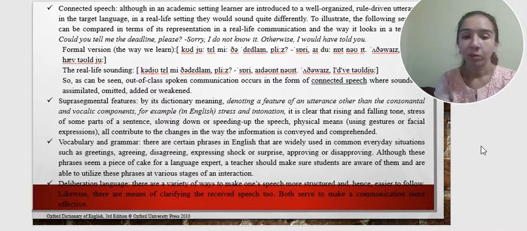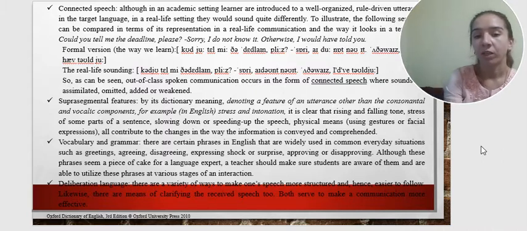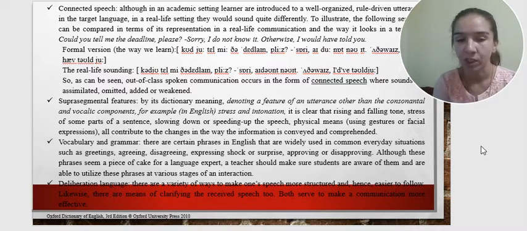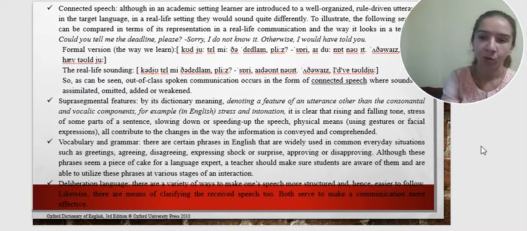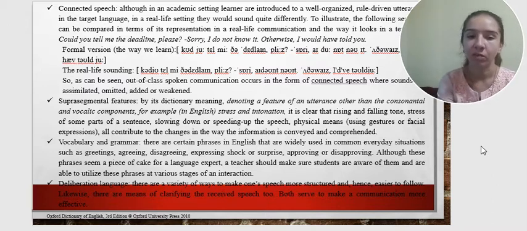Next, vocabulary and grammar. There are certain phrases in English that are widely used in common everyday situations, such as greetings and all the varieties of greetings, such as good morning, good afternoon, good evening, hi, and hello.